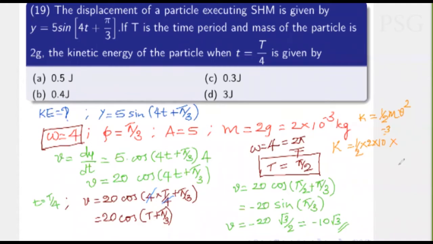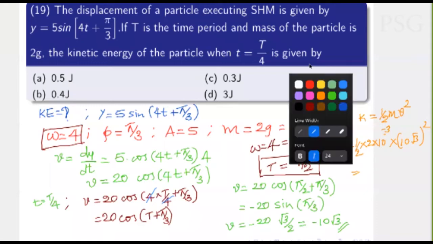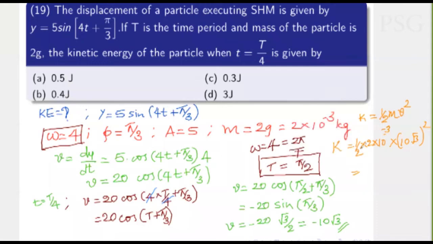V is minus 10 root 3, so 10 root 3 whole squared. So these two cancel. 10 power minus 3, and 10 squared is 100 and root 3 squared is 3. So it is 300 into 10 power minus 3, which is 0.3 joules. Option C.